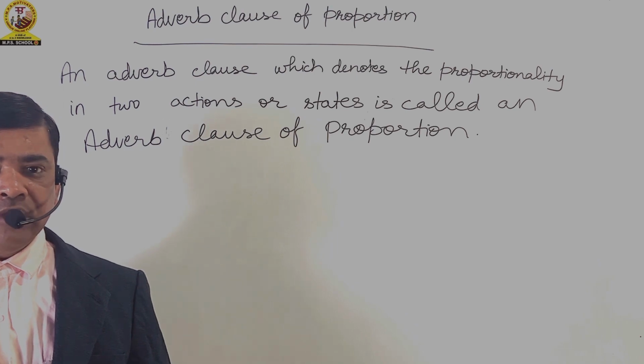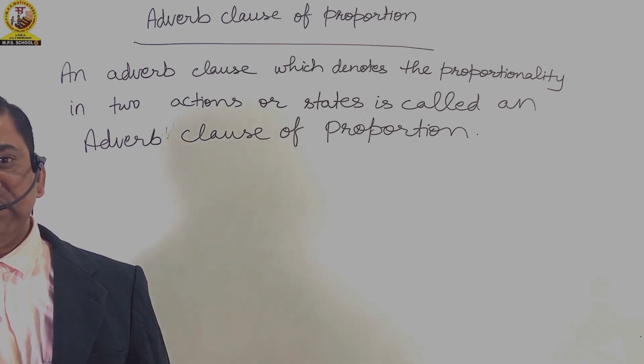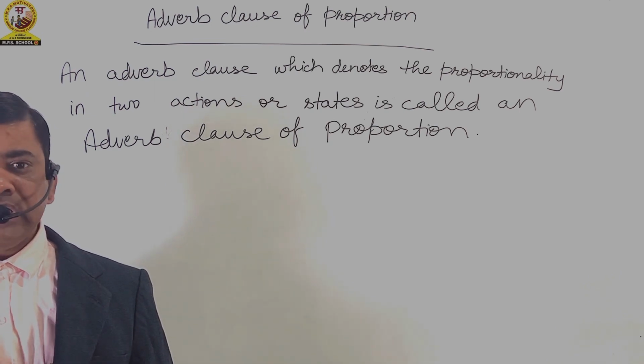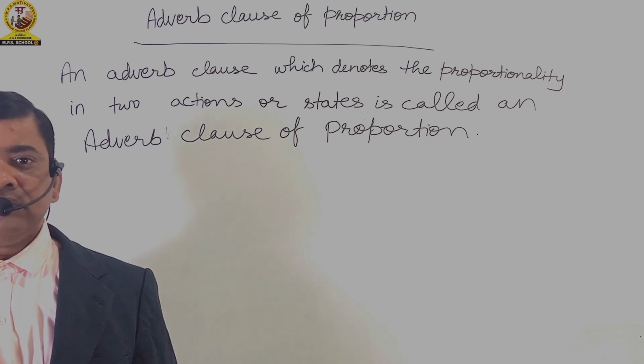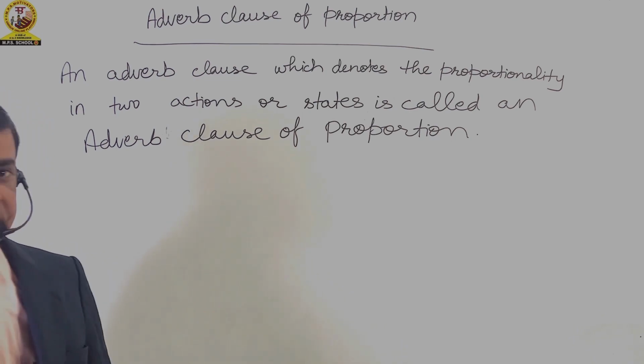And in both the parts of the sentence an adjective in the comparative degree is used to denote the proportionality. So friends, it will be clear with a few examples. Let us see the examples.